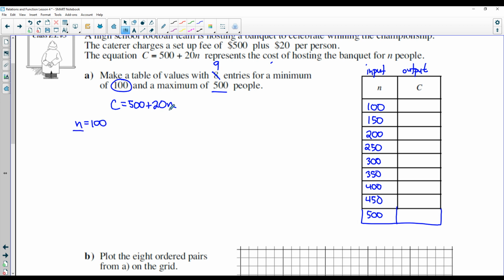So we'll replace n here with 100. So that would be C is equal to 500 plus 20. Again, anytime you substitute something in, just put it in brackets. So that would be times 100. 500 plus 20 times 100 would be 2,000. So that should be 2,500.